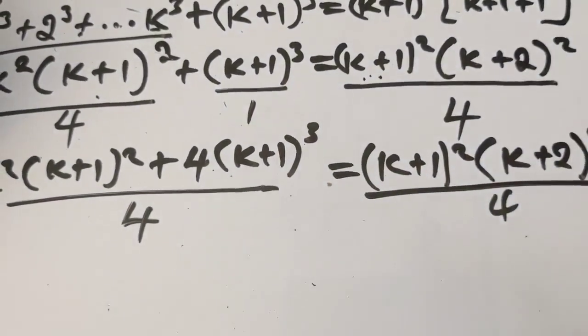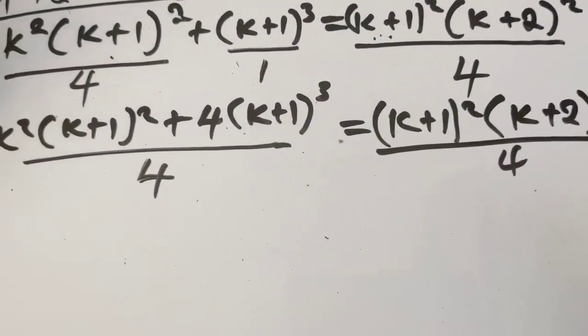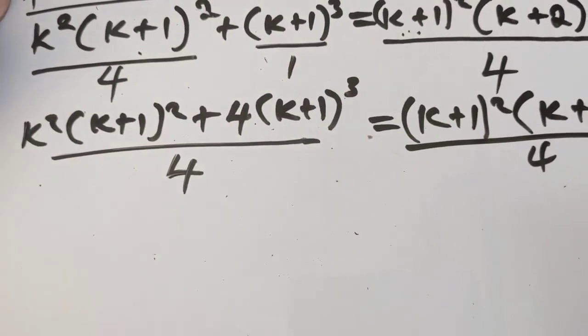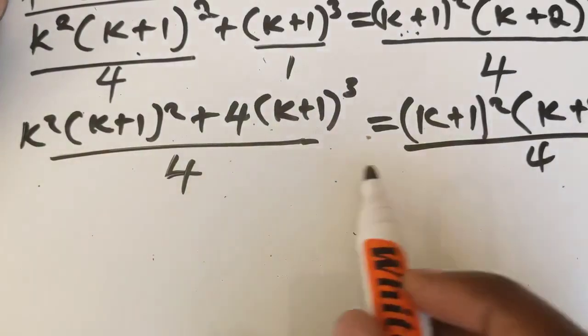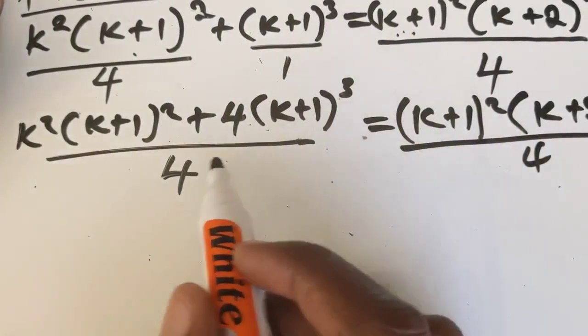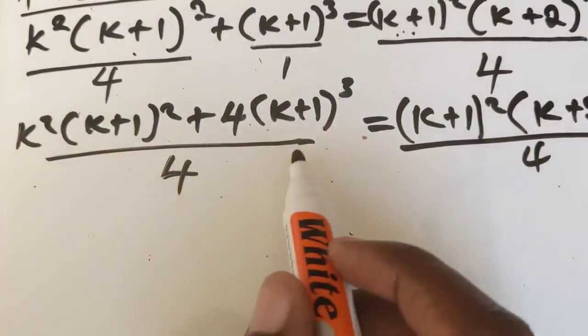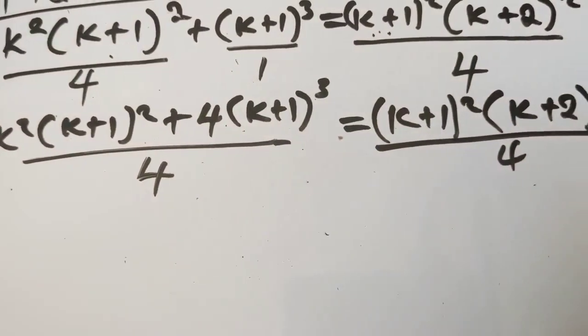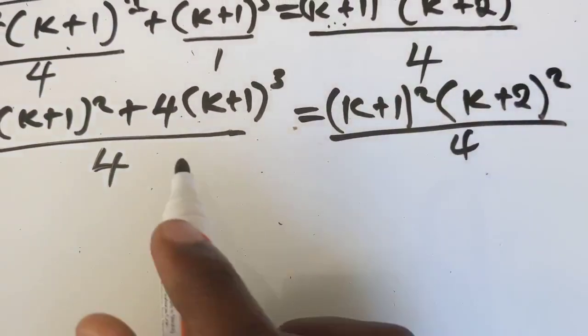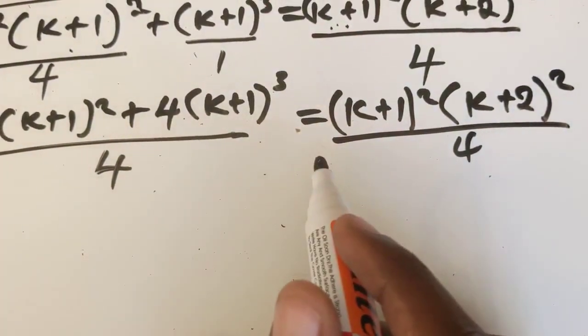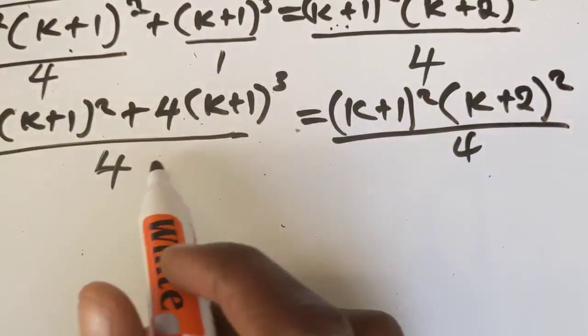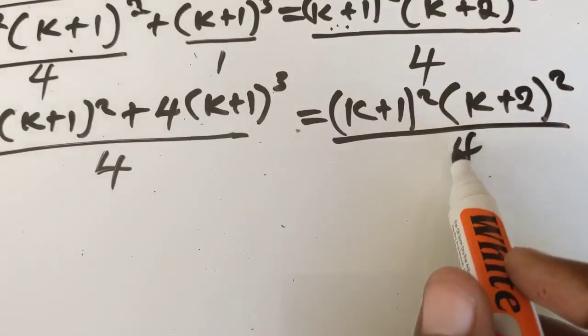Okay, so from here, you need to get rid of 4, since this is just an equation. So if you multiply this by that, it is going to be the same thing.